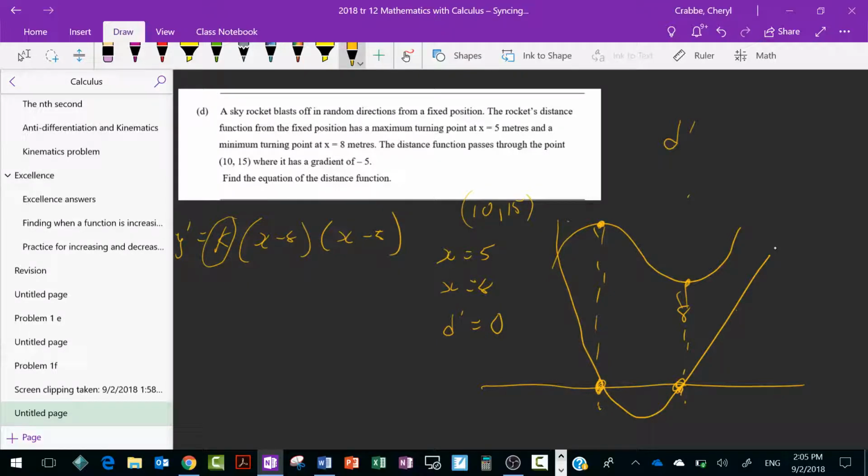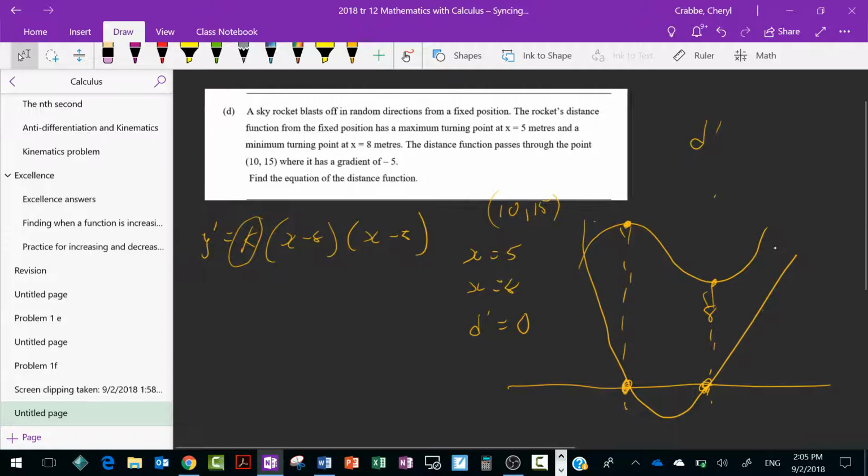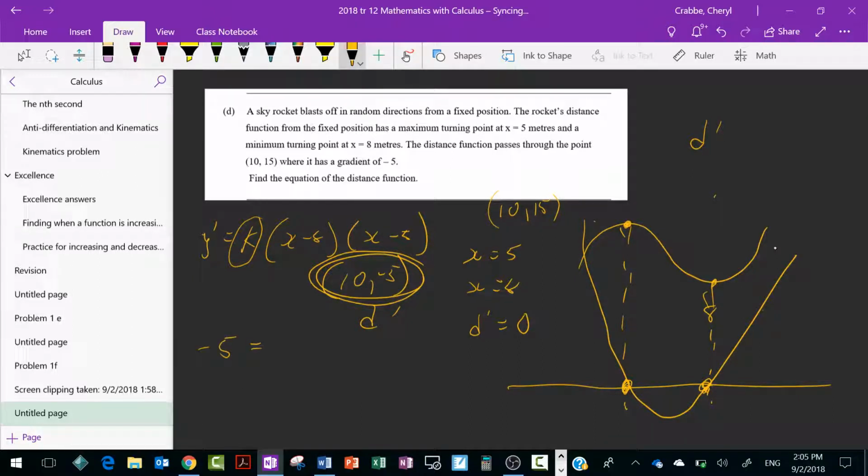Now, those people that worked on this problem on the board should be able to do this question, because basically we've got a point of x is 10 and -5 for the gradient function. That's the gradient function. So we're going to plug that in. We're going to go -5 is equal to k, and then we have 10 minus 8 times 10 minus 5.